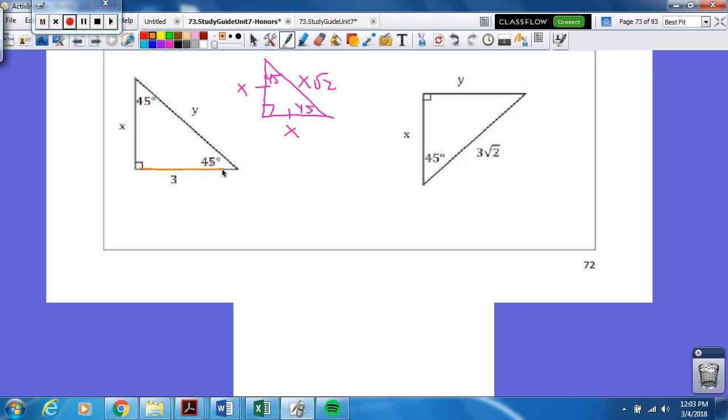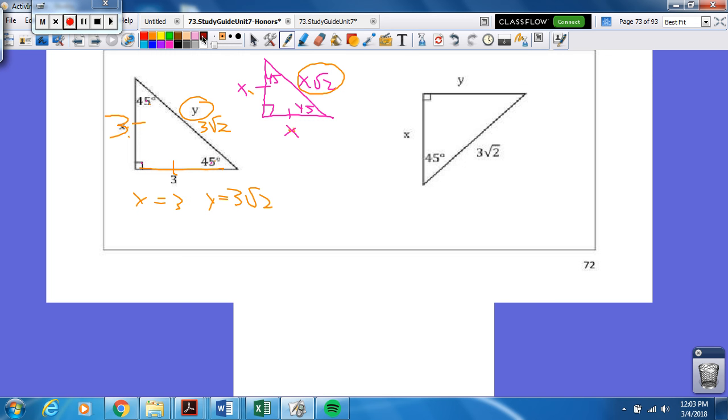So I have here, these are the two congruent sides because of 45, 45. And so therefore x is going to be 3. So x is 3. I'm going to take my side lengths and it's going to be 3 radical 2. Right here. 3 radical 2. Easy. It's magical.